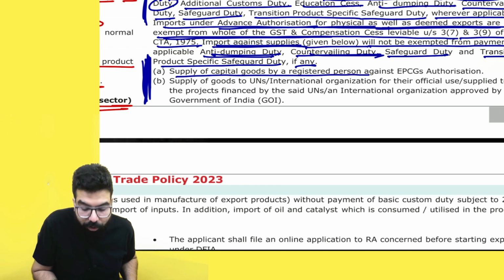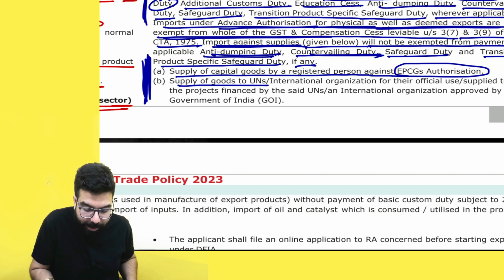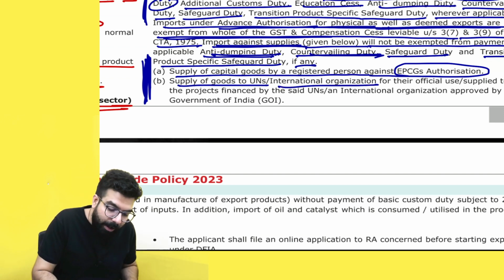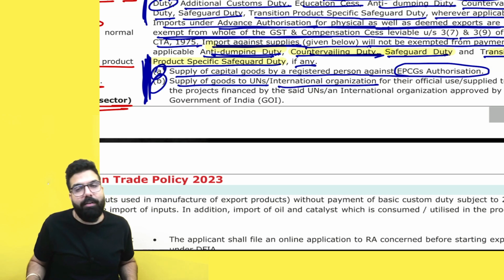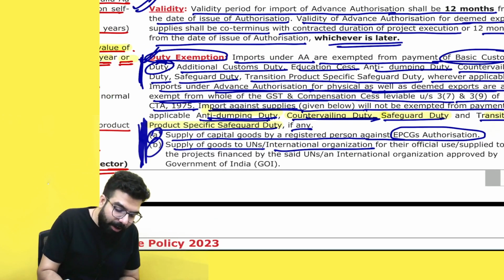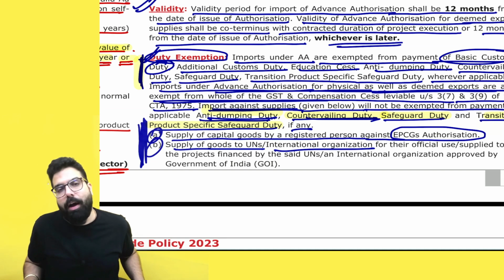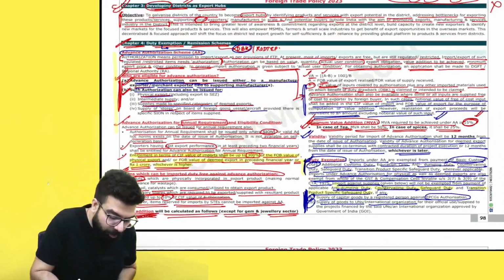Supplying of capital goods by a registered person against EPCG authorization, okay sir, and supplying of goods to the United Nations or a United Nations organization. In these two scenarios, remember, anti-dumping duty, countervailing duty, safeguard duty, and transitional product safeguard duty will be applied. In all the other scenarios, all the duties told over here will be exempted when you are importing under advance authorization. That's all with regards to advance authorization.